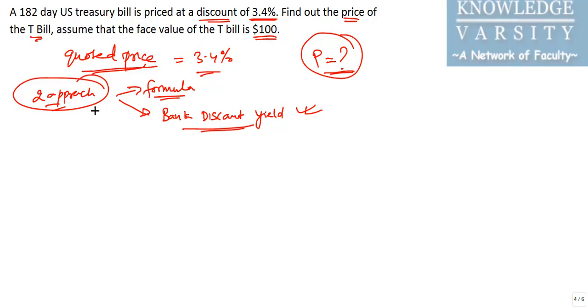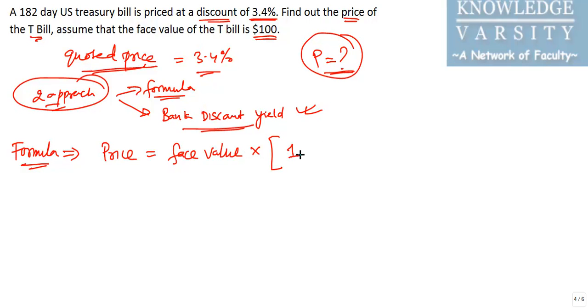However, if you want to find out through the price, the formula is given as face value into 1 minus the percentage discount that is given into the number of days of the T-bill divided by 360. So this is the formula method.